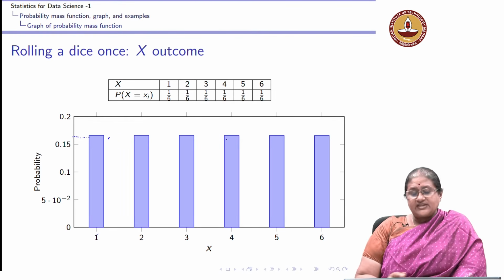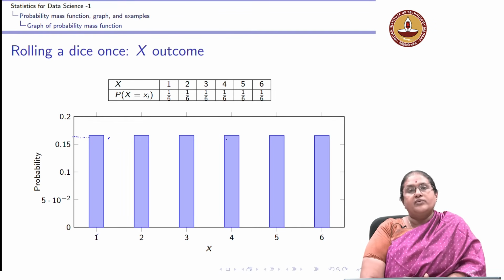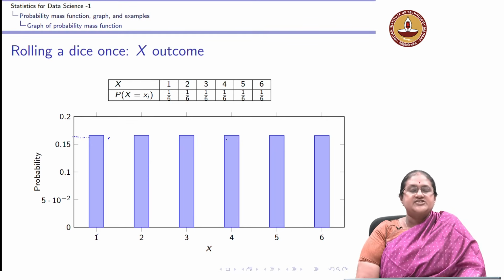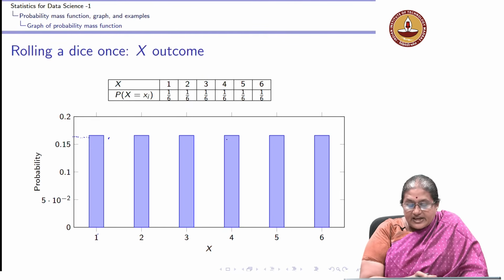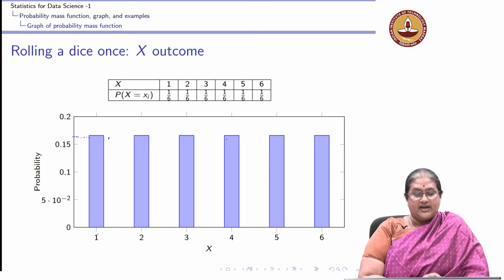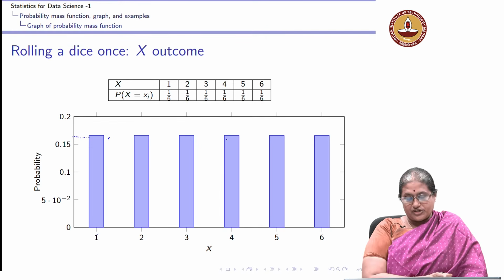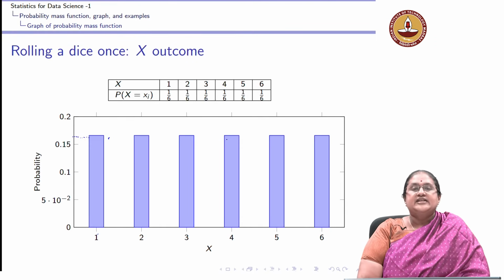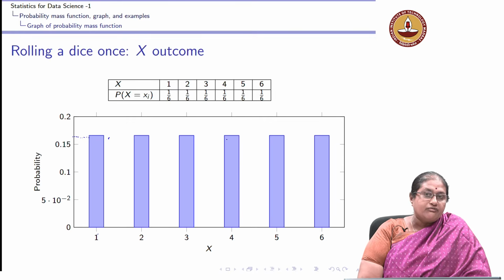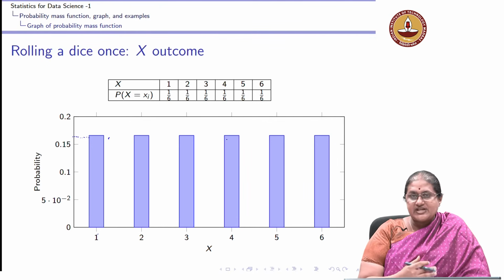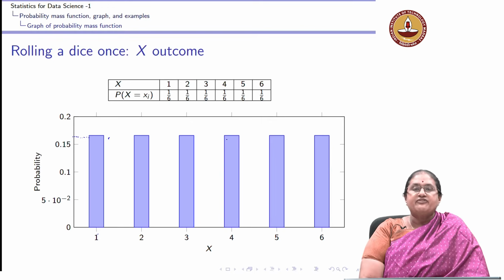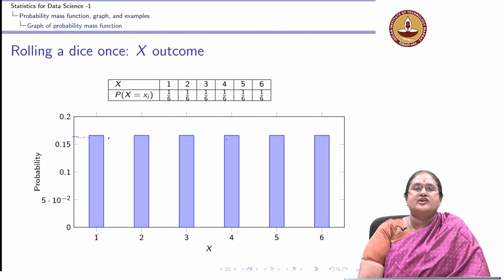So, this is one shape. The graph of a probability mass function illustrates that there is some degree of uniformity in my distribution. Immediately you can see that this looks like a uniform distribution. We will talk about distributions later, but what you can see from the graph is that all the bars are of the same height.